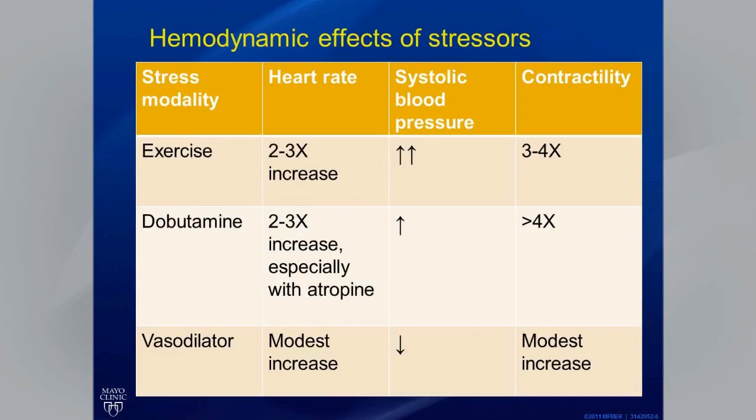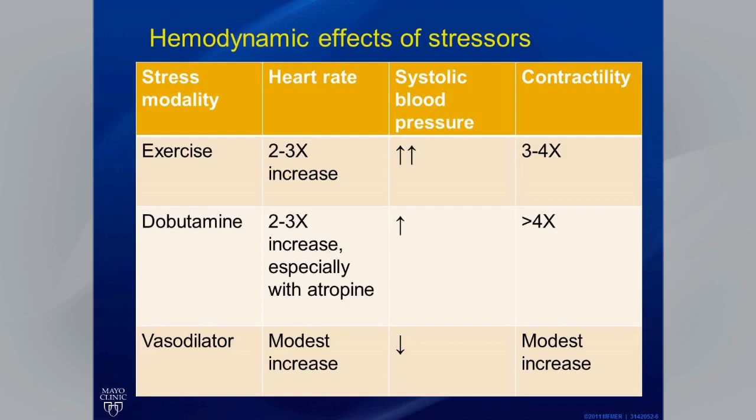These various stressors, exercise, dobutamine, and vasodilators, can induce a mismatch in myocardial oxygen supply and demand and can induce ischemia in the presence of a reduction in coronary flow reserve.